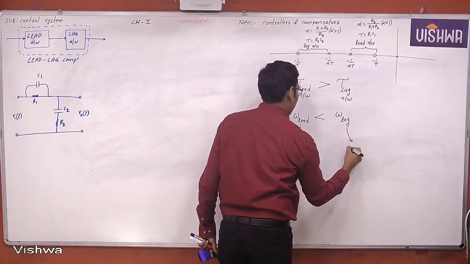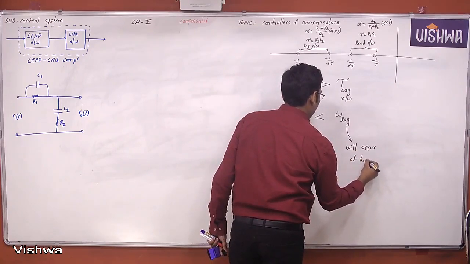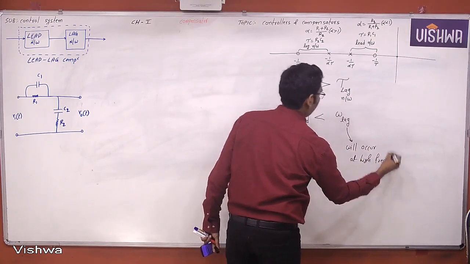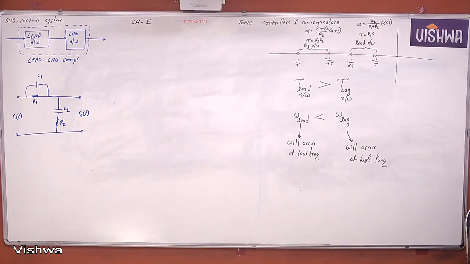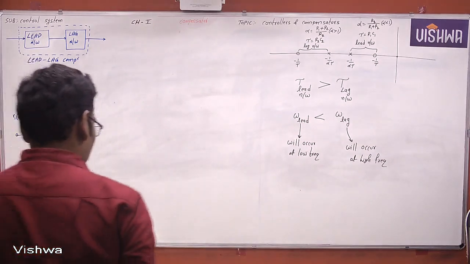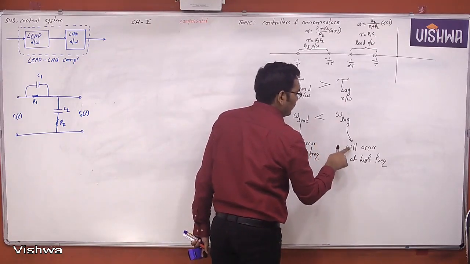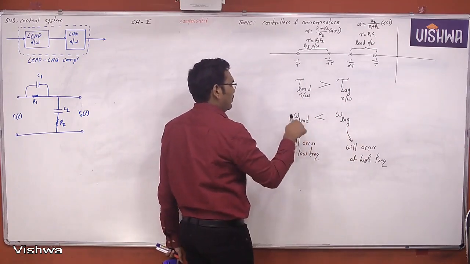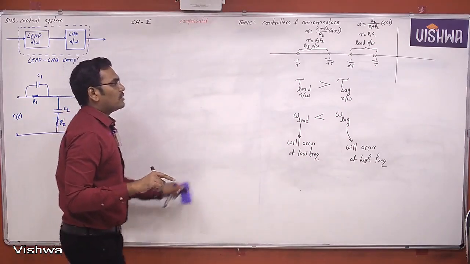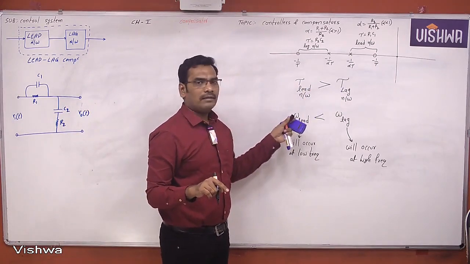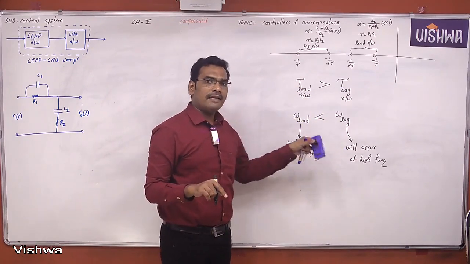The phase lag will occur at high frequencies. Now the time constant of lead is greater than the time constant of lag. The phase lead will occur at low frequencies, and phase lag will occur at high frequencies. Both will occur at different frequencies.